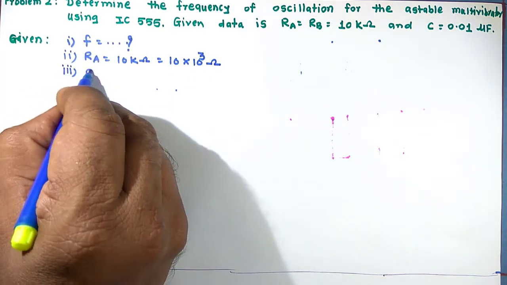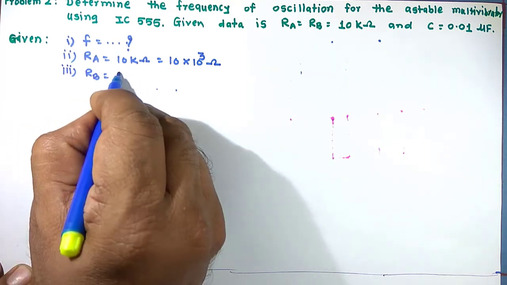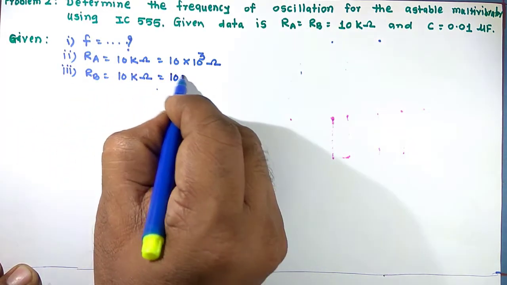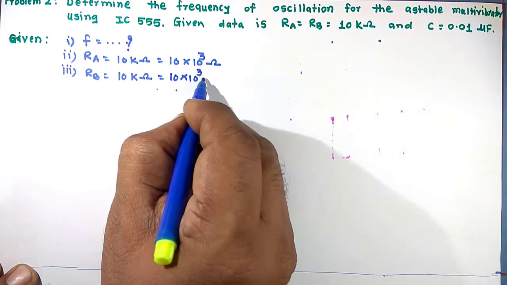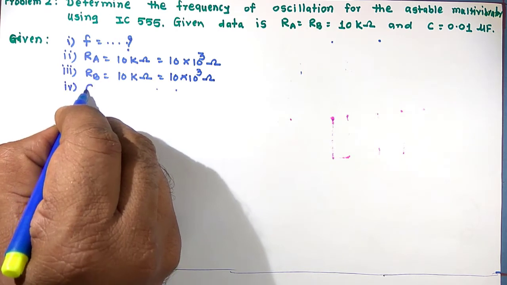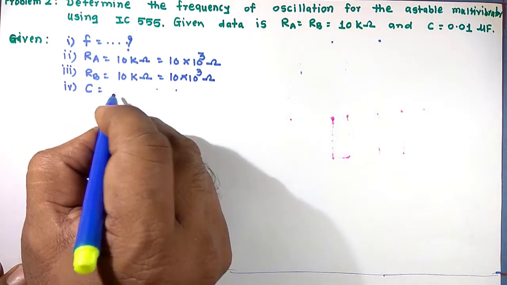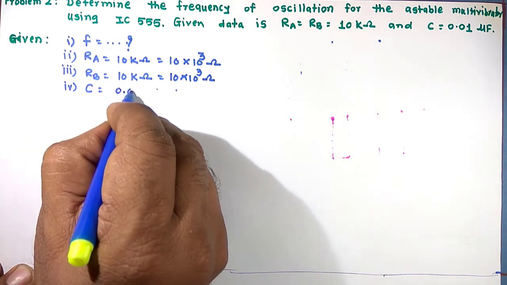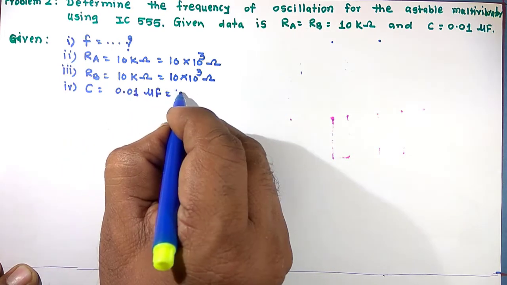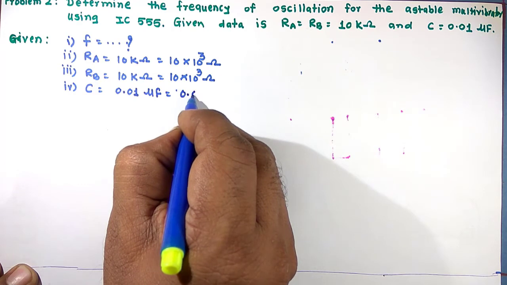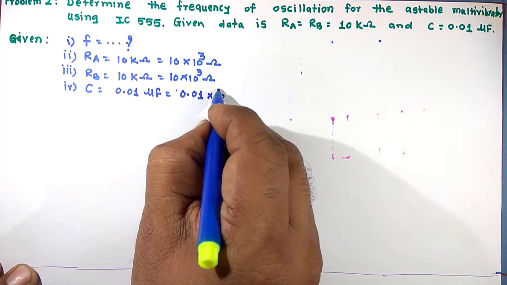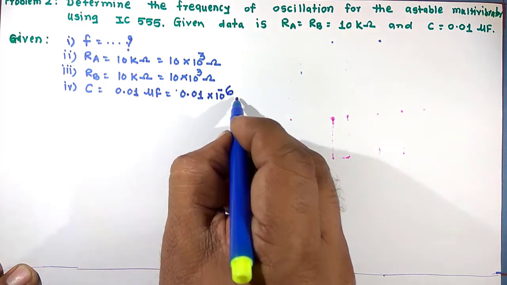RB is 10 kilo ohm, so again it is 10 into 10 raised to 3 ohm. And capacitance of the capacitor C is 0.01 microfarad, that is, it is 0.01 into 10 raised to minus 6 farad.